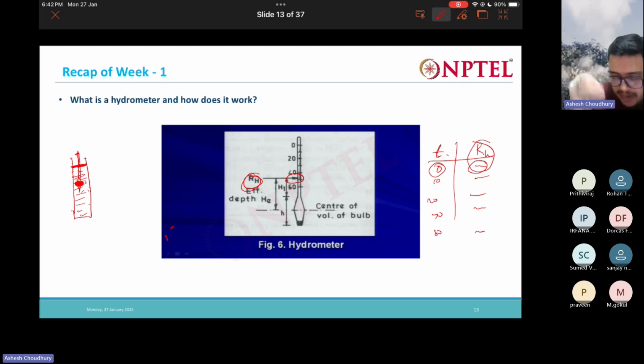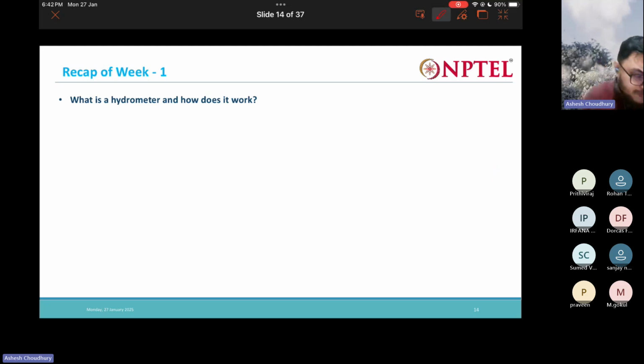Okay, it actually measures the density. So the main basic principle behind this is the Stokes law and all those things. I am not going to detail, you can get it in any standard textbook, and I think it has been discussed in the class also. So the main principle with which this hydrometer works is the Stokes law. Okay, Stokes law.